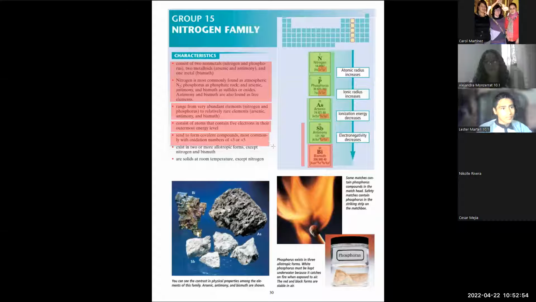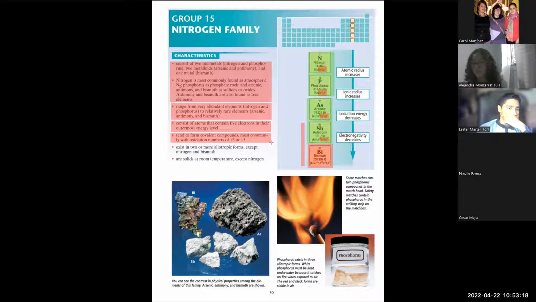What type of bond do they form? They form covalent bonds, or covalent compounds. And the most common oxidation numbers are going to be +3 or +5. So if you see in your periodic table, you're going to notice those oxidation numbers.